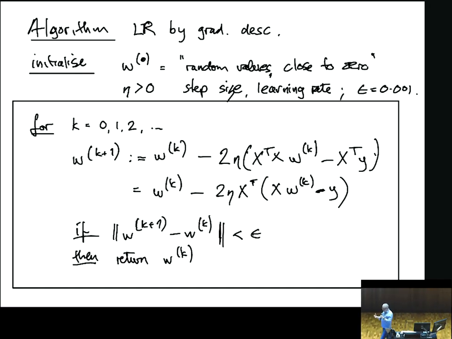So it looks like a little bit of magic, but it's just taking the derivative expression, plugging in our current best estimate for W and saying, okay, given our current best estimate for W and the data, where should I go next?